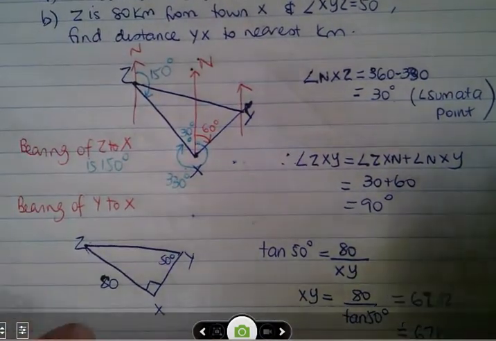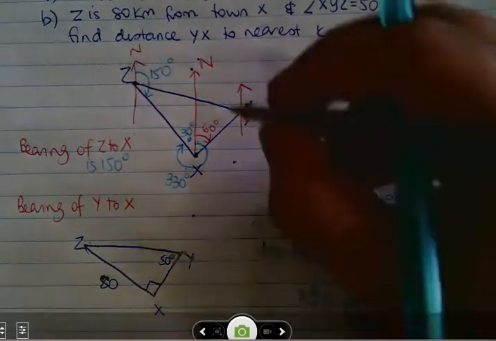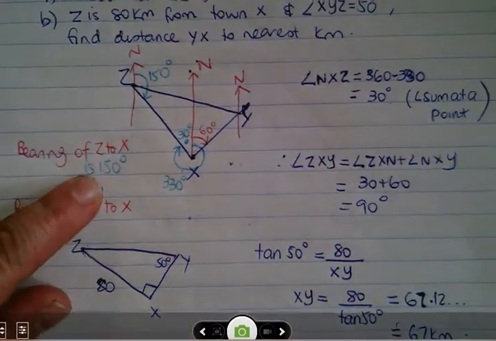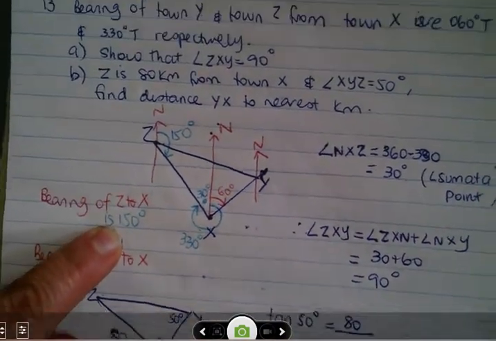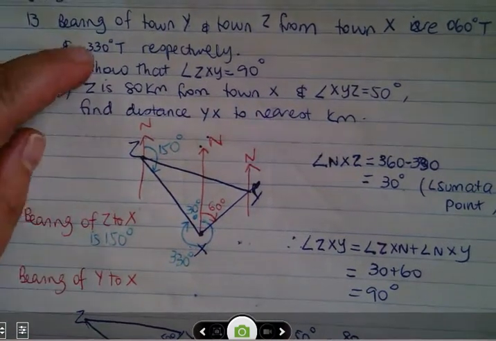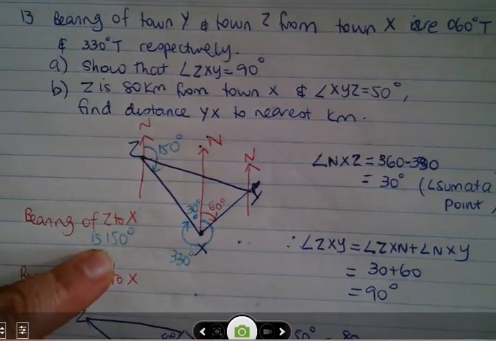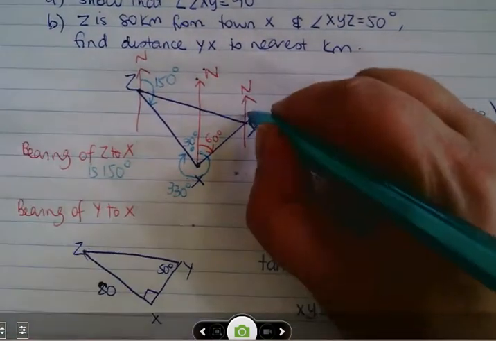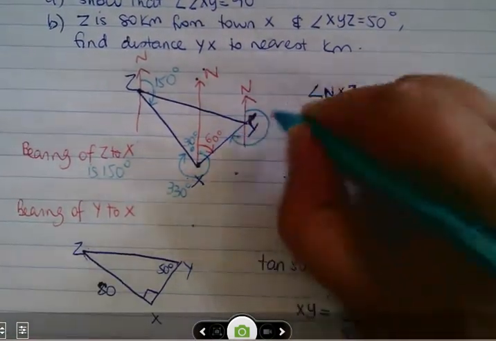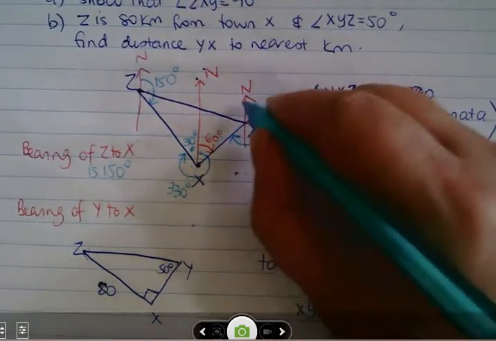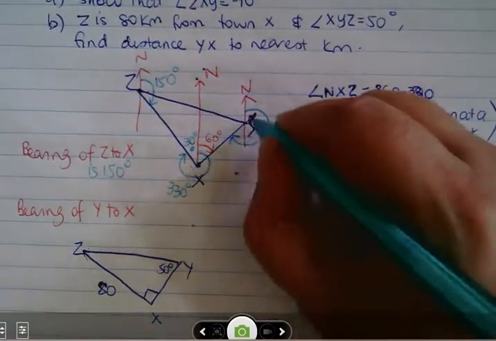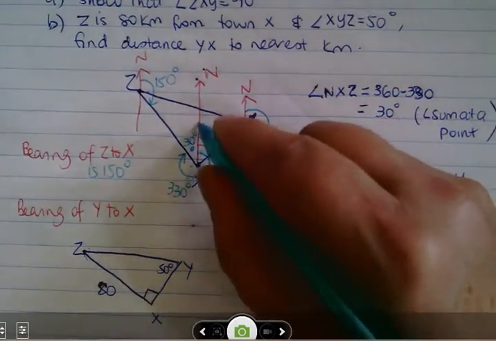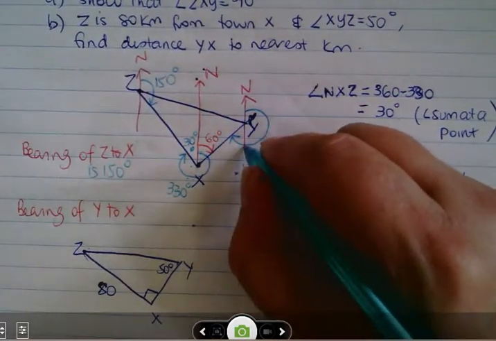The bearing of Y to X, you put a north sign up. Now, because we were given the first one and it was 330, from what we did yesterday, 330 minus 180 is 150. Just as a quick check. Now the bearing of Y to X, so I need this bearing. From Y to X, put a north sign, go clockwise. What have you got? You know that this is 60, come back down.